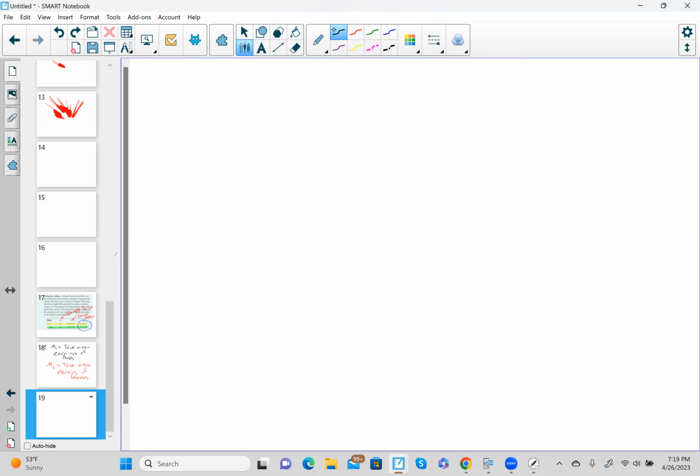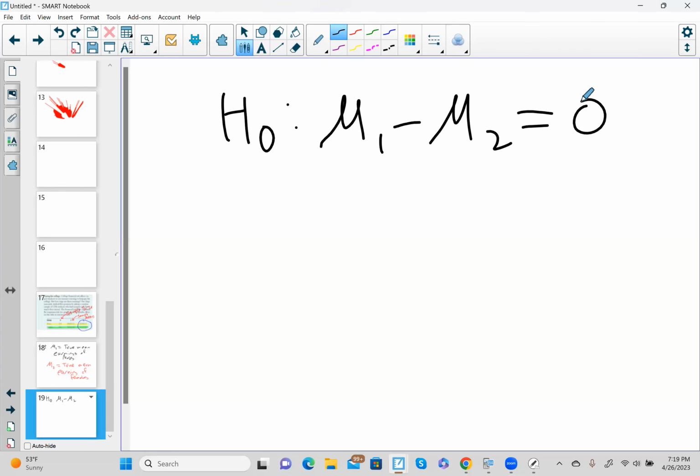H0 in this case is that the mean difference between the groups is 0. H0 is always saying there's no difference between the groups, and that if you see a difference because of your samples, it's just by chance. HA is usually what you as a researcher suspect.